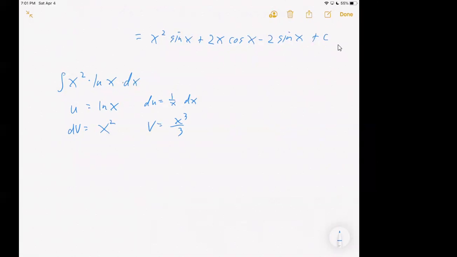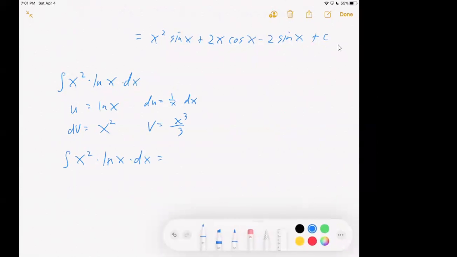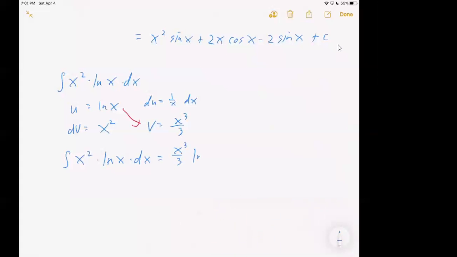So if I do my zigzag, I'm not going to write out the whole formula anymore. I'll do my zigzag. So zig, so my zig gives me x cubed over 3 ln of x minus the zag. So the zag is the straight up again, v du.